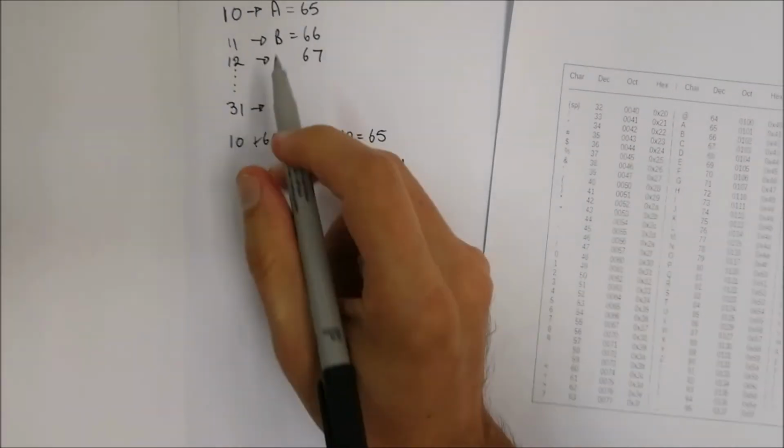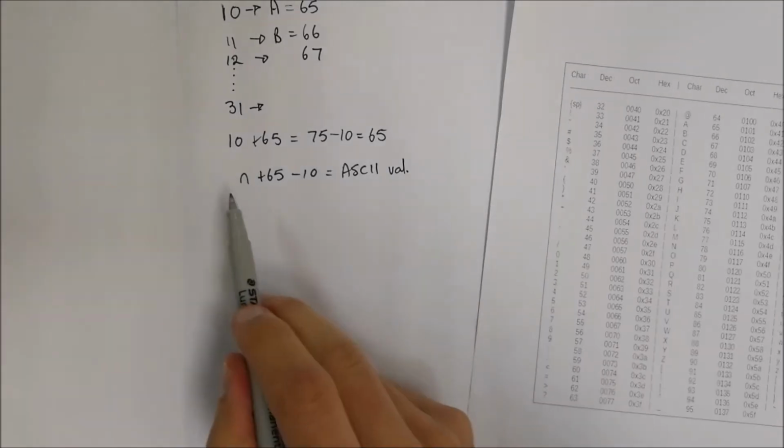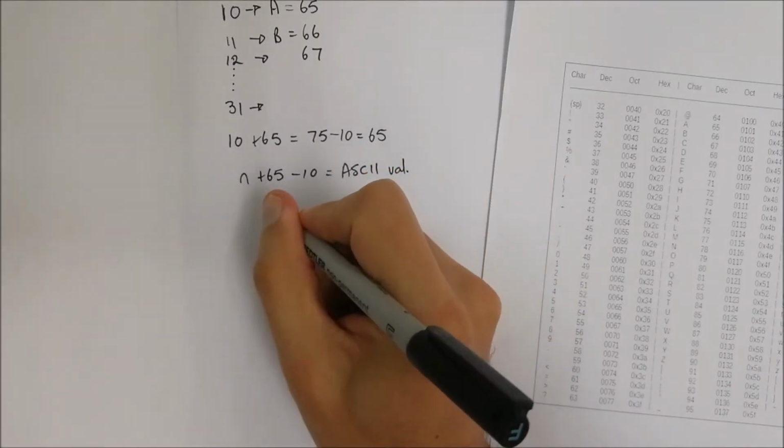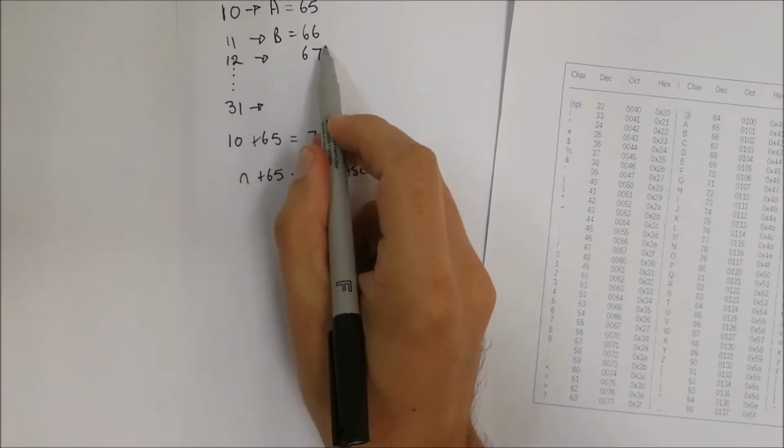If we add 12 plus 65, that is equal to 77. Okay, so now if we subtract 10 over there, that is equal to 67. That is that 67 we find over there.